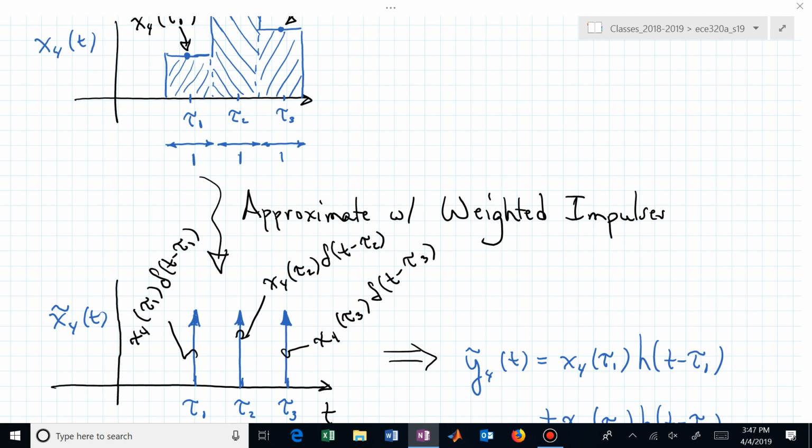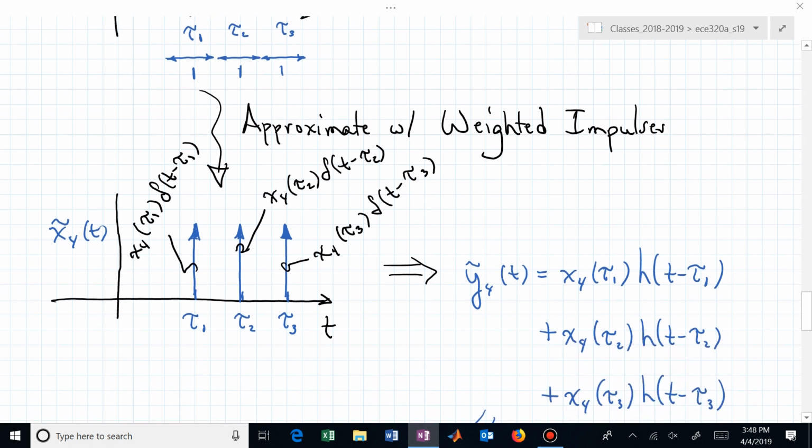So tau 1, tau 2, and tau 3 are the times that we're kicking our system. And if we kick them with impulses weighted by the area of that waveform, then we know how to produce the output.